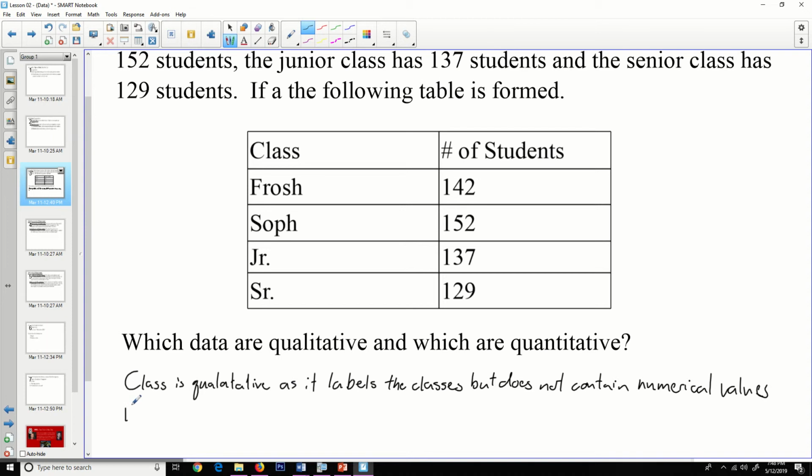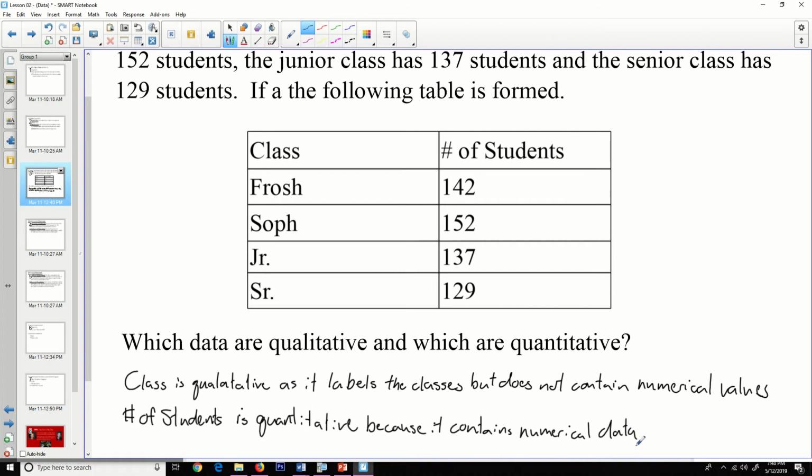And number of students is quantitative, Q-U-A-N-T-I-T-A-T-I-V-E, because it contains numerical data. All right, let's move on.